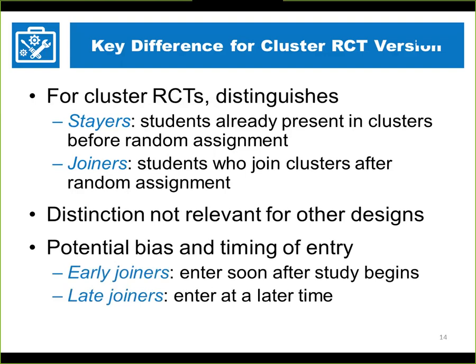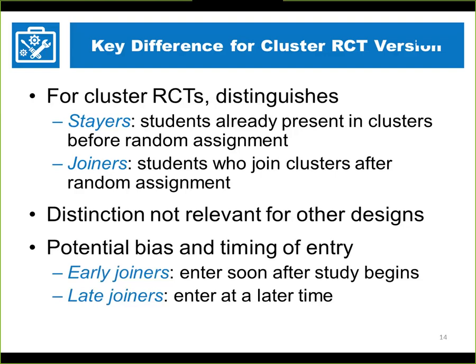Namely, bias may differ for students who join soon after the study begins, called early joiners, or for students who join clusters at a later time point, called late joiners. For more information about the WWC standards for cluster RCT designs, you can see the WWC Standards Handbook version 4.0 on the WWC website.